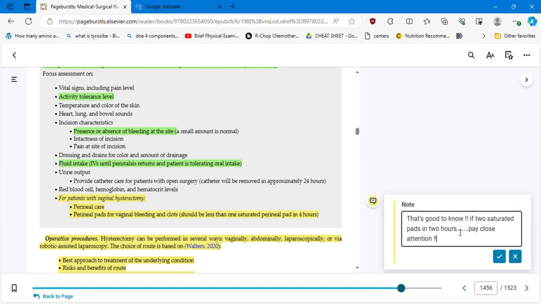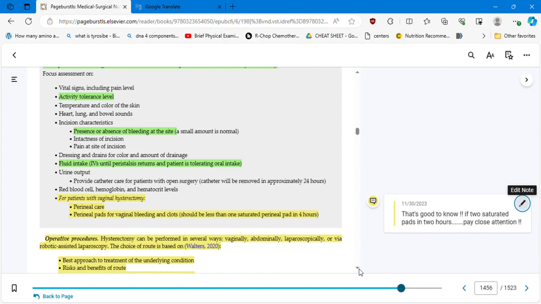So if it's one in 4 hours, but two saturated pads in 2 hours, that means this is too much, right? And you need to report it. So there is excessive bleeding. Remember, it's one saturated perineal pad in 4 hours. So in 8 hours, it should be 2 saturated perineal pads, right?